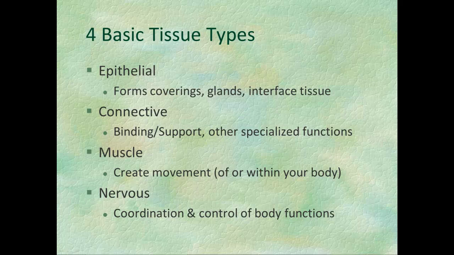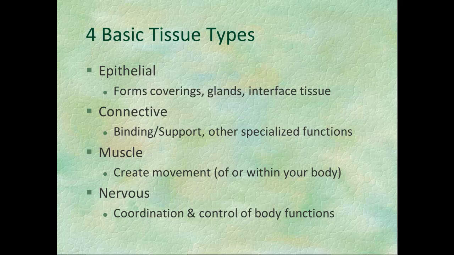There are other, typically more specialized functions that connective tissues provide. And again, these more specialized functions are often connected to the structure of the tissue itself. For instance, blood is a connective tissue that's also specialized for transport of substances. Adipose is a type of connective tissue that helps with insulation and providing a storage reservoir for energy.